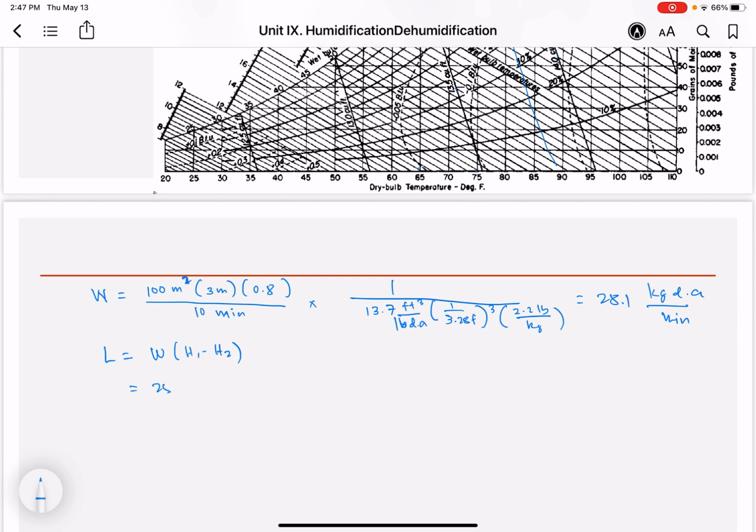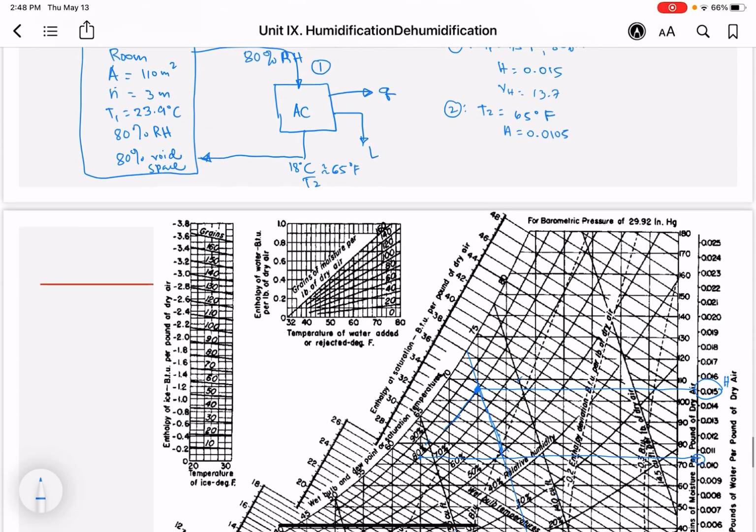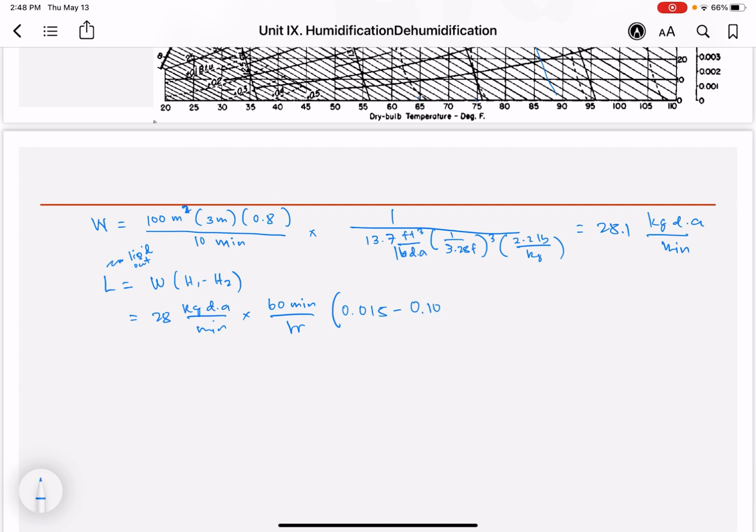This is the liquid out, take note, I think liquid out or the condensate. 28 times, this is kilogram, sorry, kilogram dry air per minute times 60 minutes per hour multiplied by H1, which is 0.015, minus H2, 0.0105.